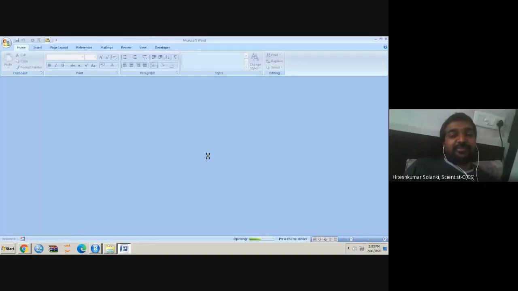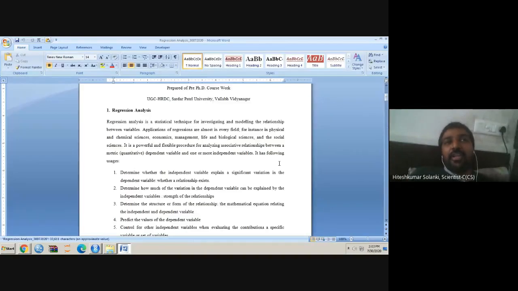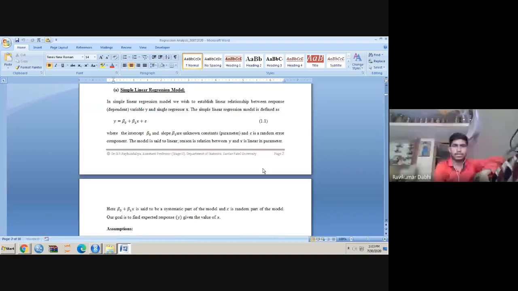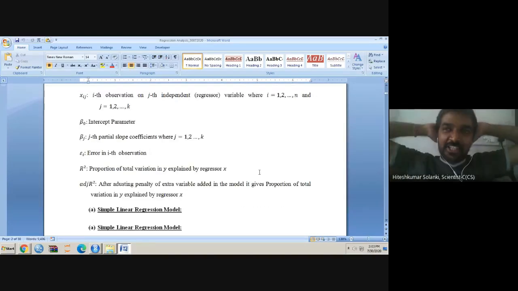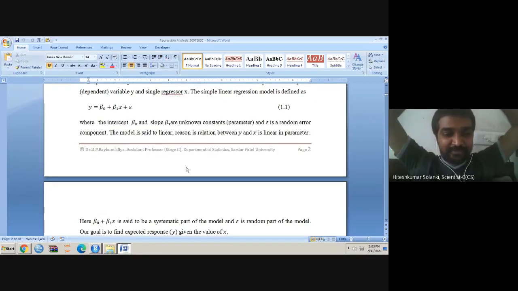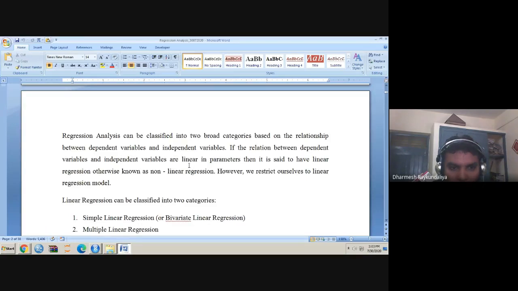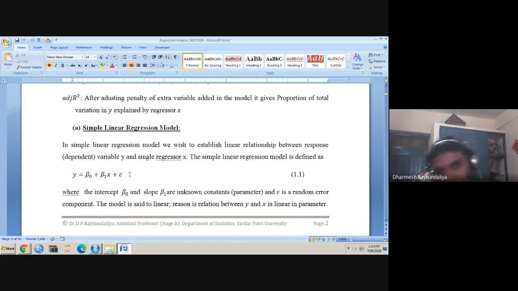In a mathematical model, it always gives perfection, and statistics always gives approximation. Mathematics believes in exactness and statistics believes in approximation.